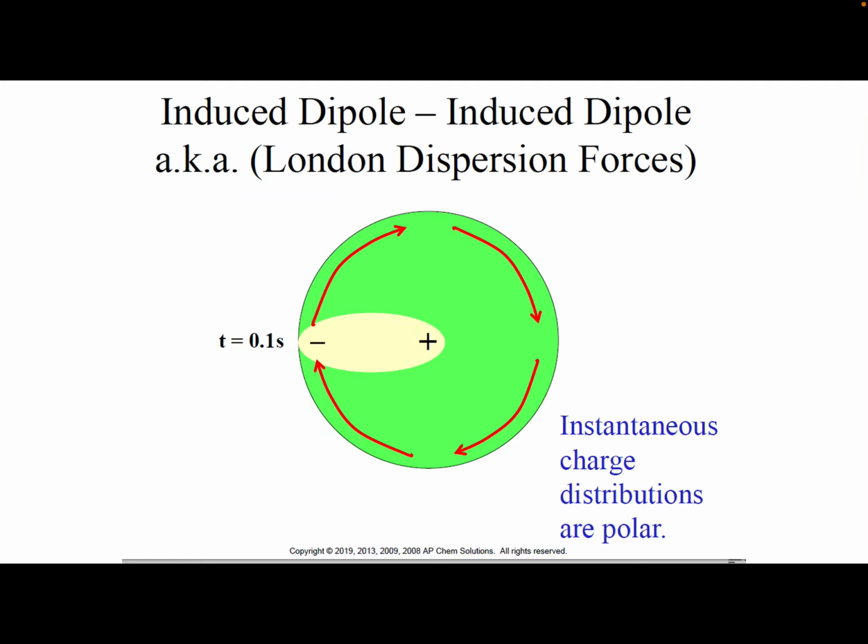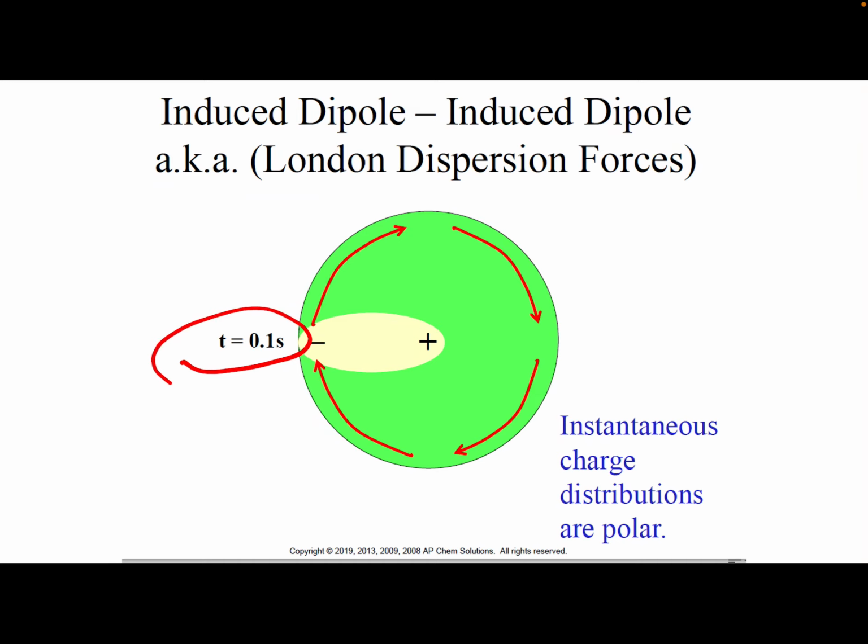So if you were to take an overall average of the electron density of a nonpolar species over time, you would see that the electron density is evenly distributed. But at any one moment, look, time, 0.1 second, at any one moment, the electron density can be concentrated on one side or another.